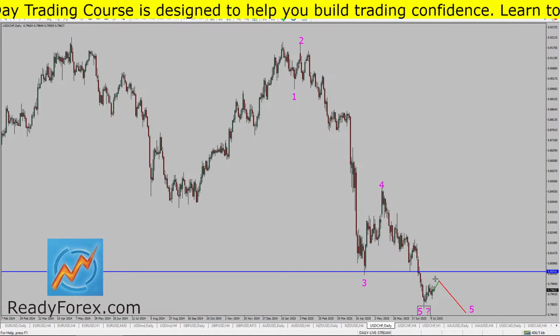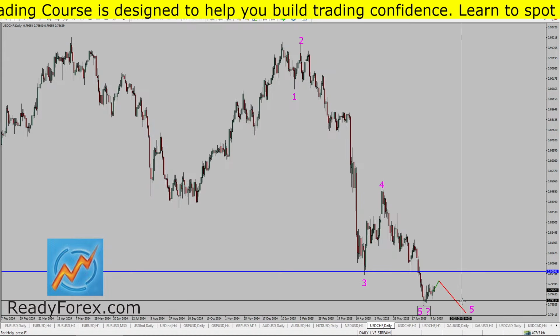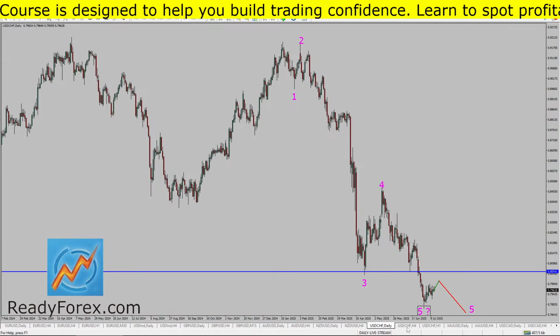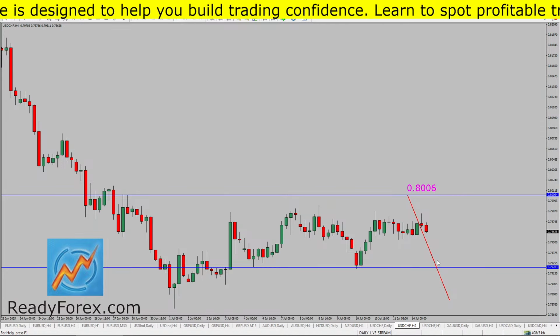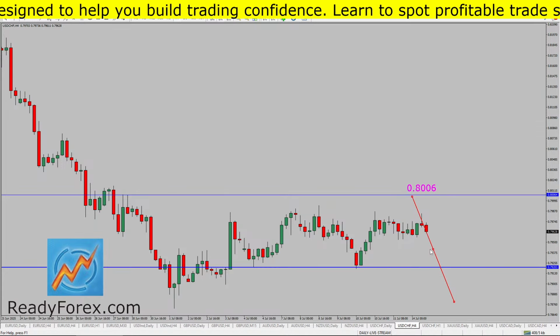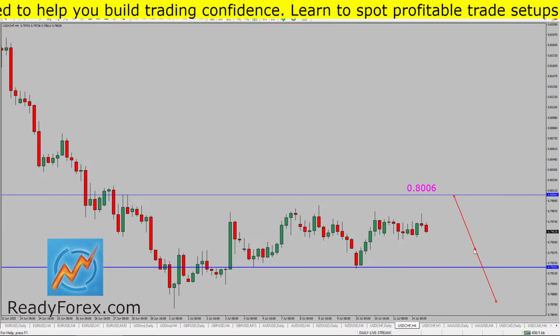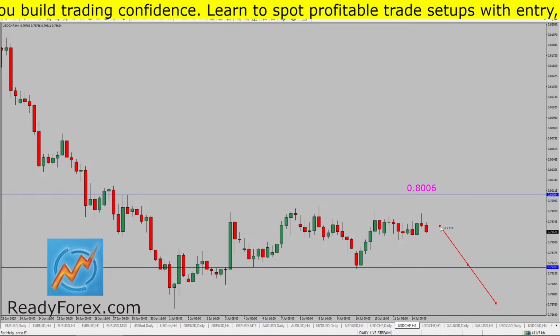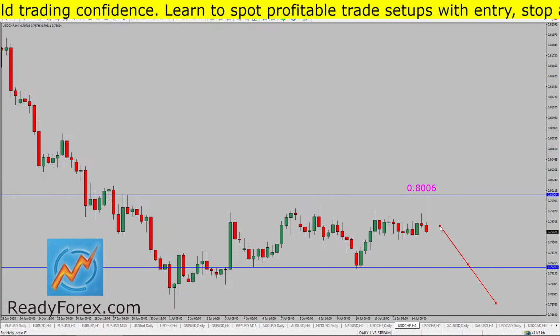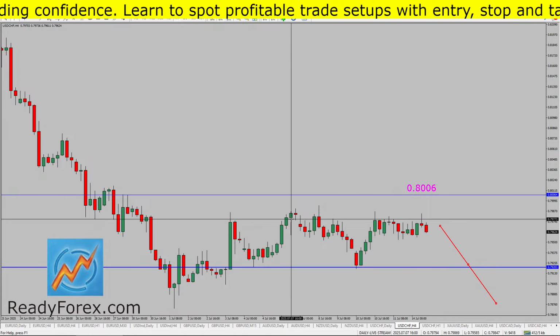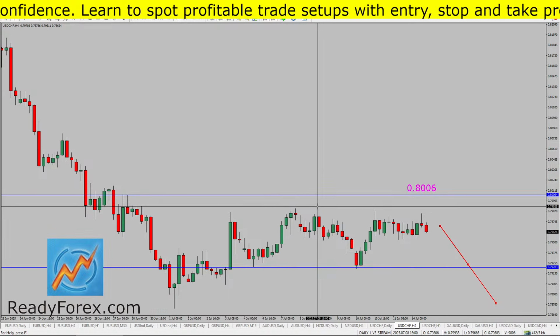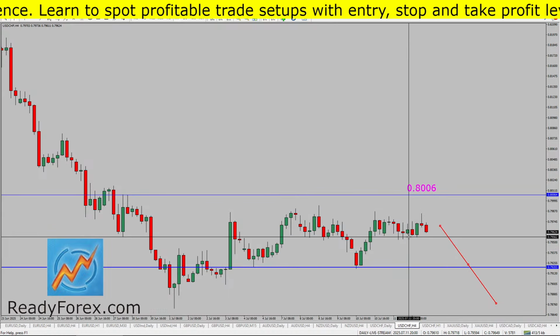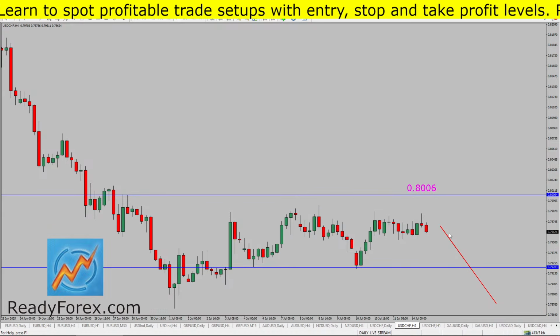It's a high probability that the USD Swiss franc is going to drop further. If you check out the 4-hour time frame, we did not get a bullish breakout above 0.8006 area. So to me, it's a downtrend overall, and this looks to me like just an ABC corrective wave. That's all, and the market is going to resume the downtrend.